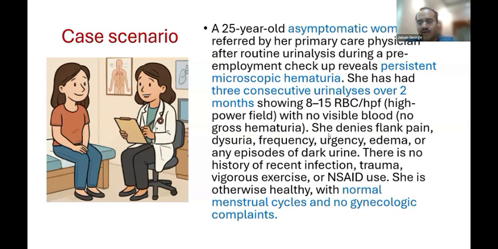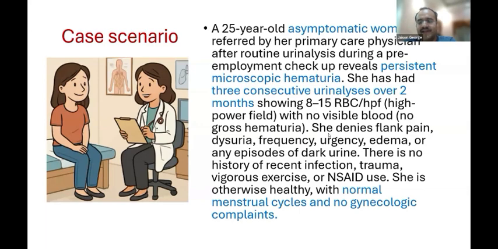So a 25-year-old asymptomatic woman is referred by her primary care physician after routine urinalysis during a pre-employment checkup, which reveals persistent microscopic hematuria. She has had 3 consecutive urinalyses over 2 months, showing 8 to 15 RBCs per high power field with no visible blood. So there is one point of importance here which has to be told.